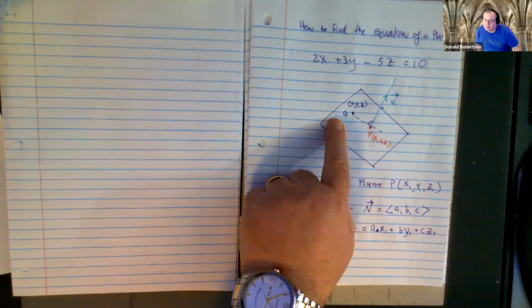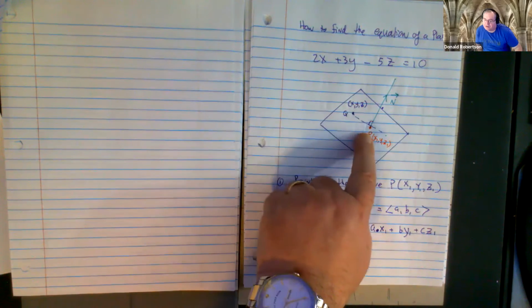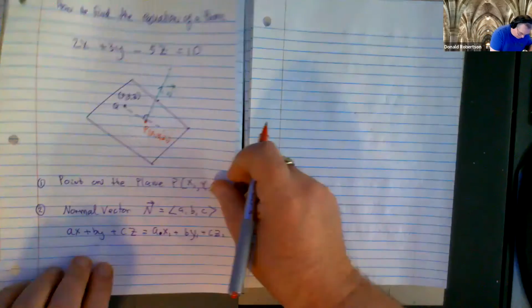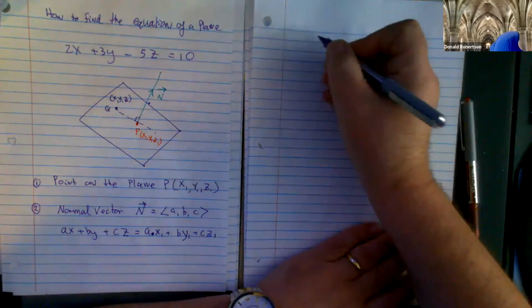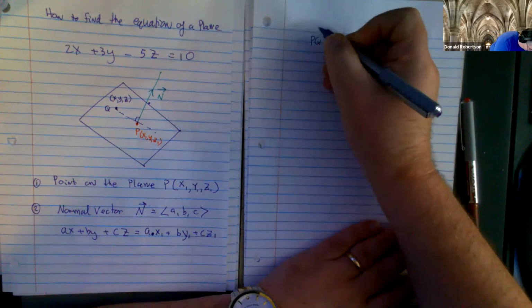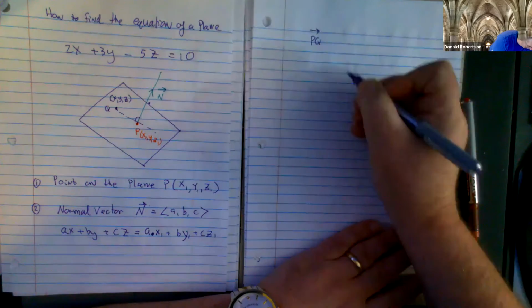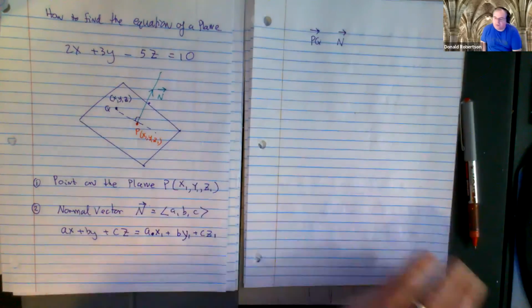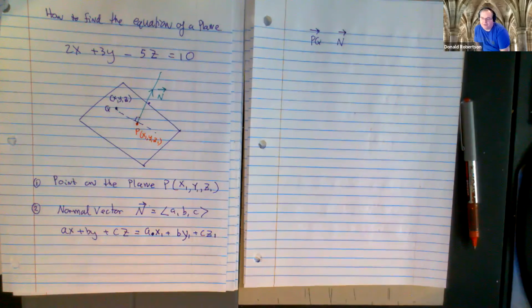Any point on the plane, x, y, z. A point we know, x1, y1, z1. What do you know about the vector PQ and the normal vector? What do you know about those two? How do they interact?